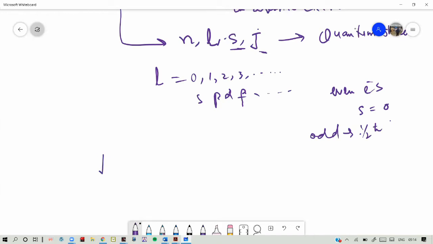And the total angular momentum quantum number is J equal to L plus S. We can write it as L plus half, and this is the spin orbit interaction which we discussed in the vector atom model, and L minus half.